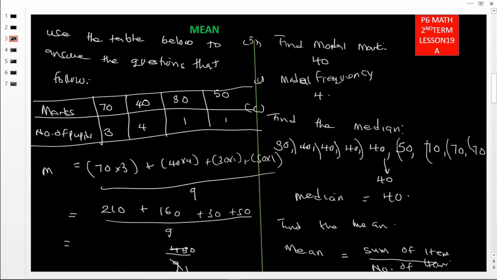How many 9s are in 45? There are 5 9s. Then how many 9s are in 0? There are 0 9s. So our mean, or average, becomes 50. So meaning that each and every person at least could have obtained 50 as the mark. Okay, so let us get one more.